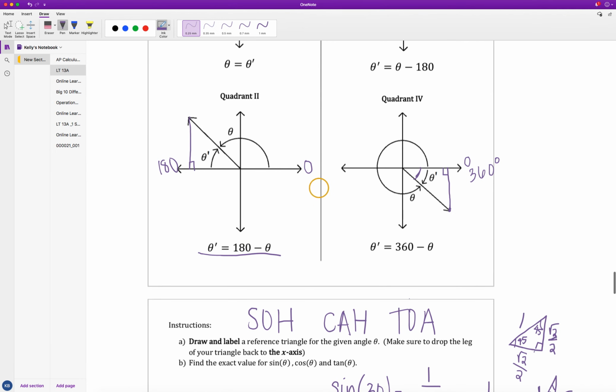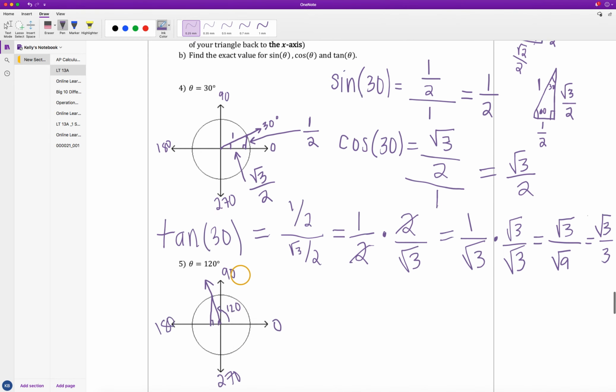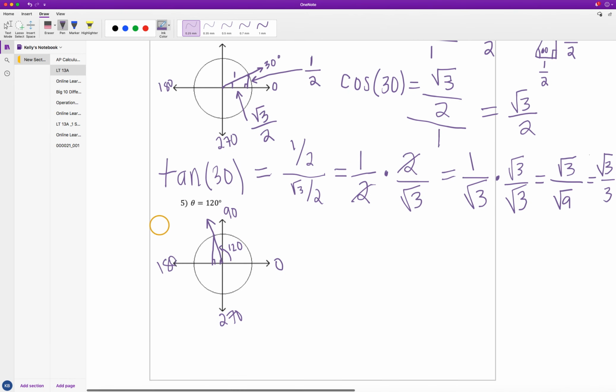If I have an angle in quadrant 2, to get my reference angle, which is my theta prime, it's going to be 180 minus my original angle. So let's go back down here. My theta prime is going to be equal to 180 minus 120, which tells me that my reference angle is 60 degrees.